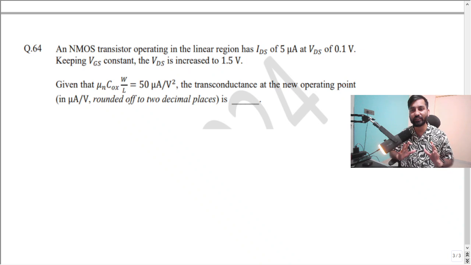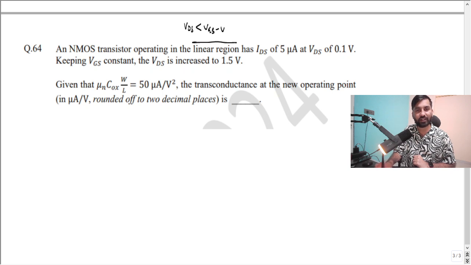What is the condition for the linear region? Everybody must know that: VDS should be less than VGS minus VT. When your NMOS transistor is in the linear region, VDS must be less than VGS minus VT.